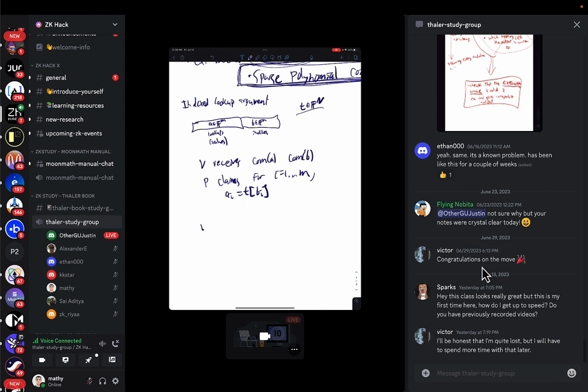Now, we can think of the table T as like a static computer memory.